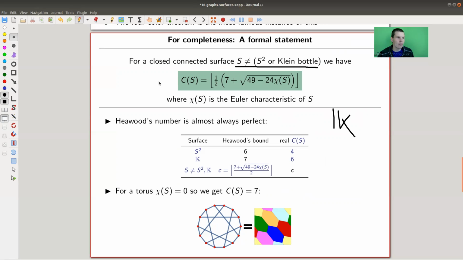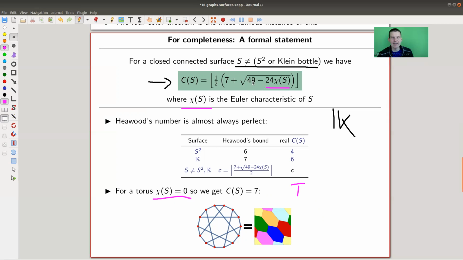But otherwise, the chromatic number, the minimal number of colors that you ever need for your surface, is given by a closed formula that only involves the Euler characteristic that we know by now very well. For example, for Euler characteristic 0, that's my little torus here, this term dies.